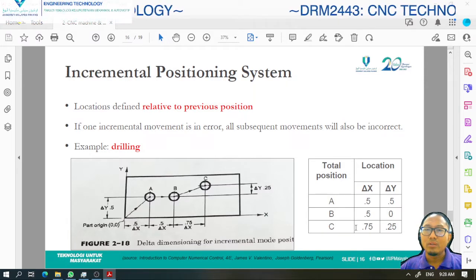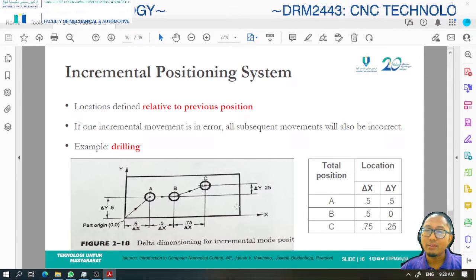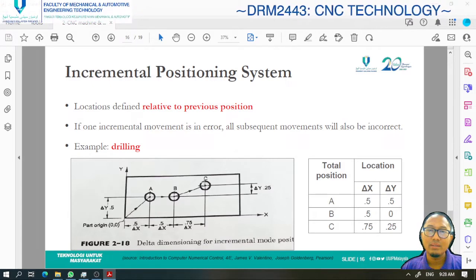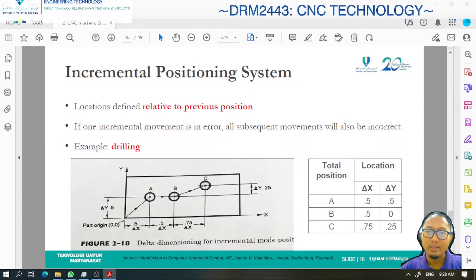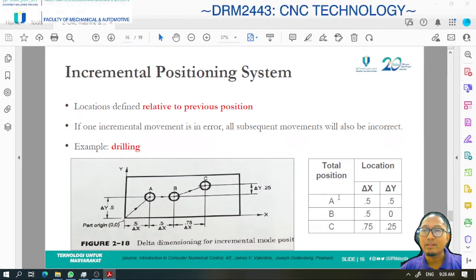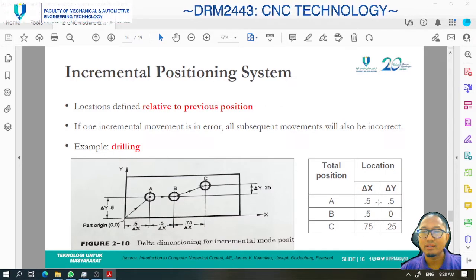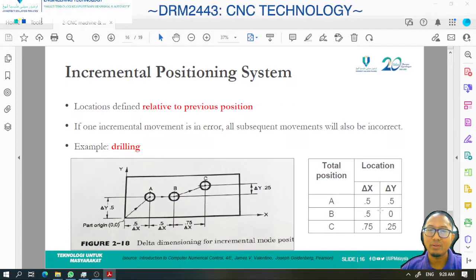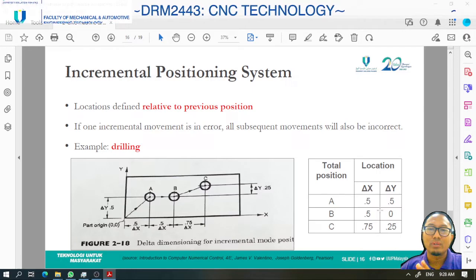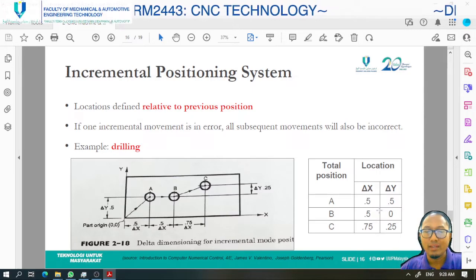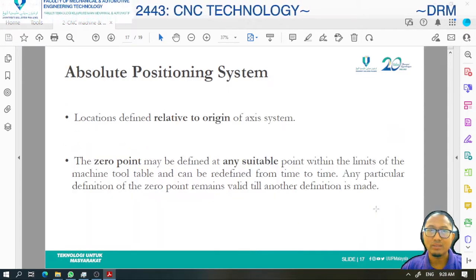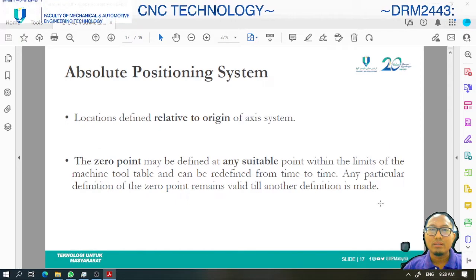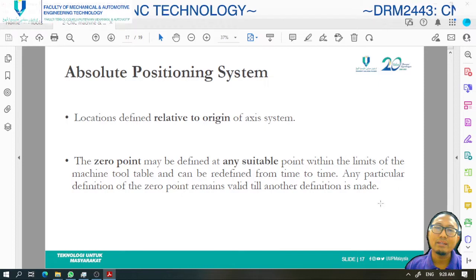Okay, if the direction of movement is in the opposite direction, from point C, point B to point A, we are going to look at a different kind of value here. It will not be the same. Basically it will be negative because it is moving in the x negative direction and downward in the y negative direction.